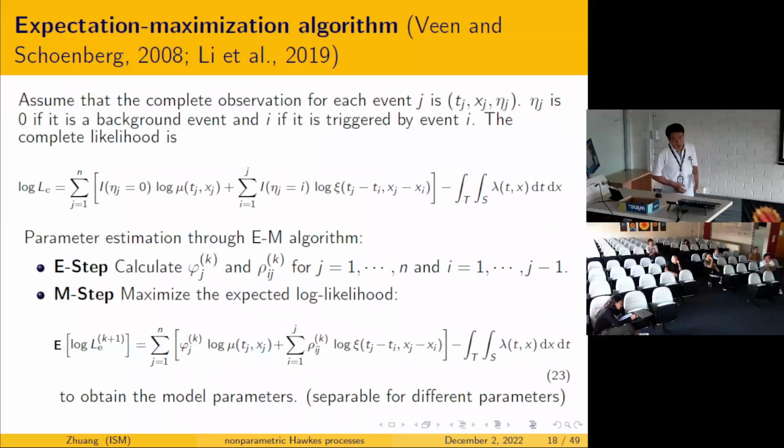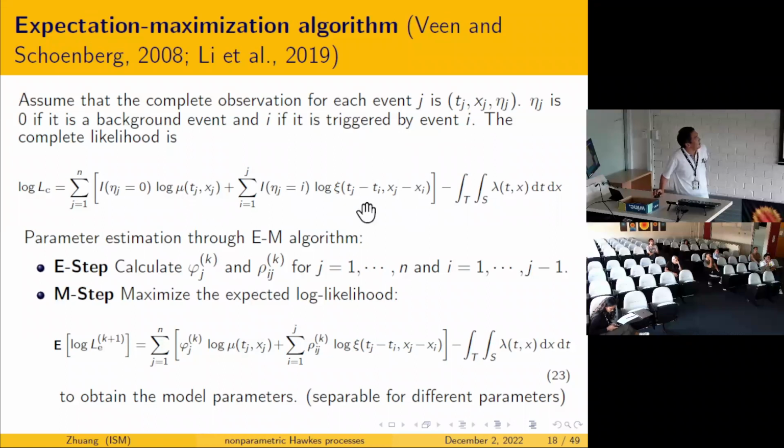With those probabilities, Veen and Schoenberg and other people have proposed the EM algorithm for the Hawkes process. It regards this as the complete data, where i_j equal to 0 means the event is from the background, and i_j equal to i means event j is from i.